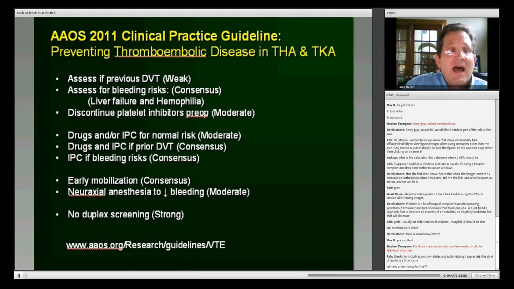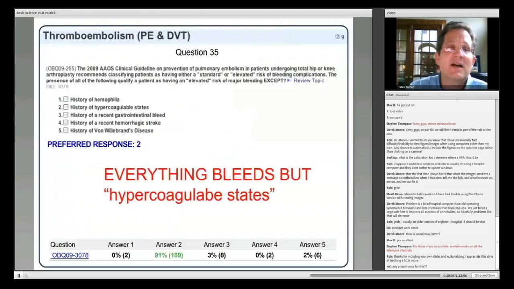If they have high bleed risks, then most people will just use the intermittent pneumatic compression hose. Everybody thinks that getting your patients out of bed and out of the hospital as quick as you can is good. Neuraxial anesthesia is used sometimes to help decrease blood clots and bleeding. And the most strong recommendation in the guidelines is don't recommend duplex screening for your routine patients. It's a great test to find clots, but not to screen for them.